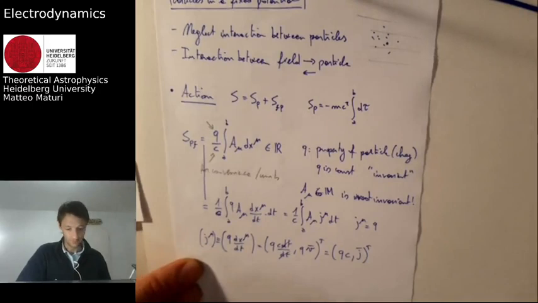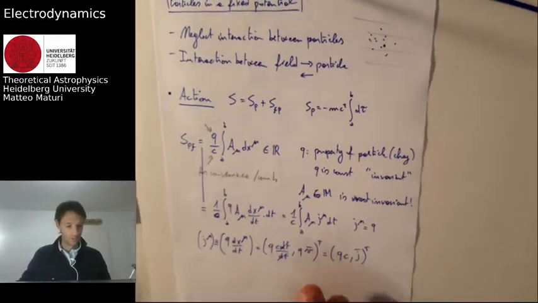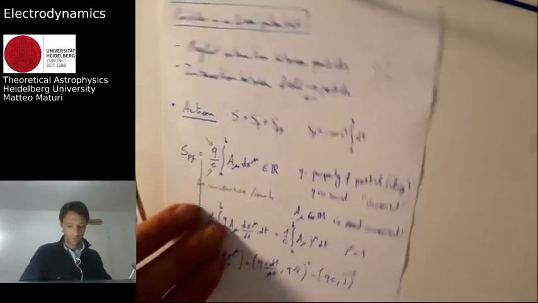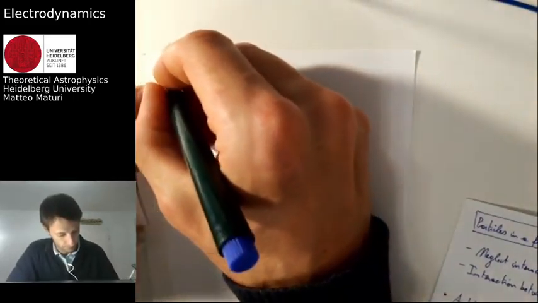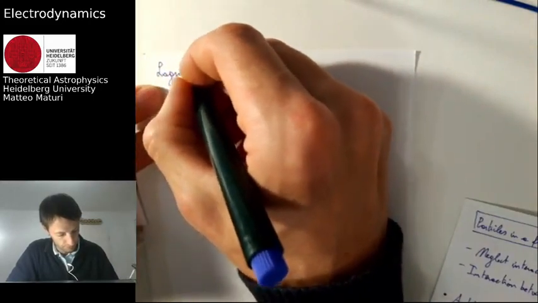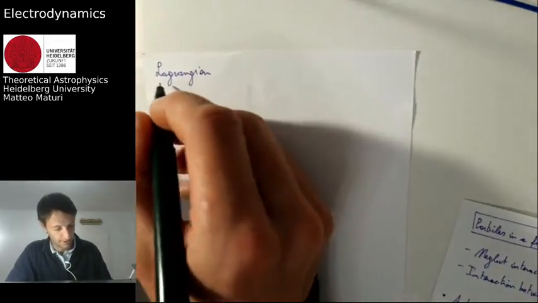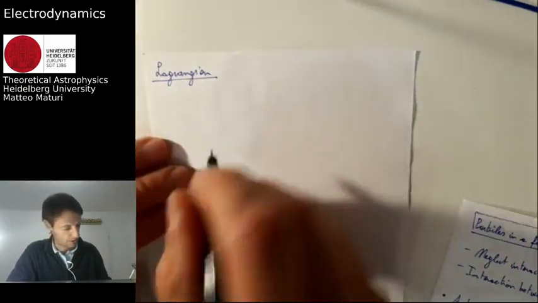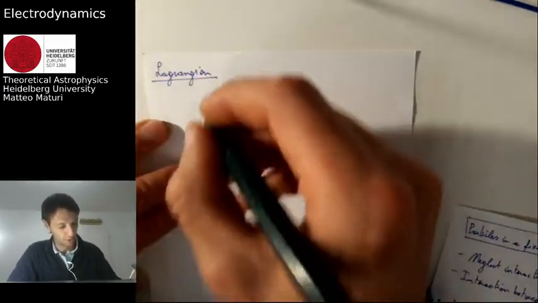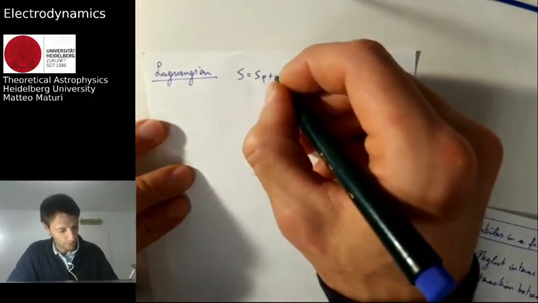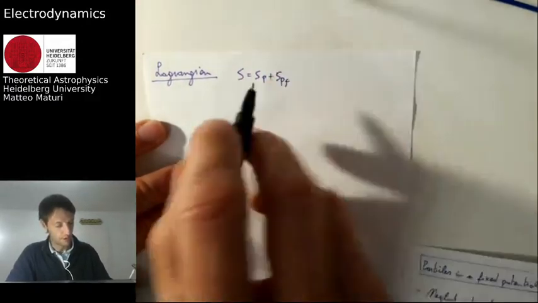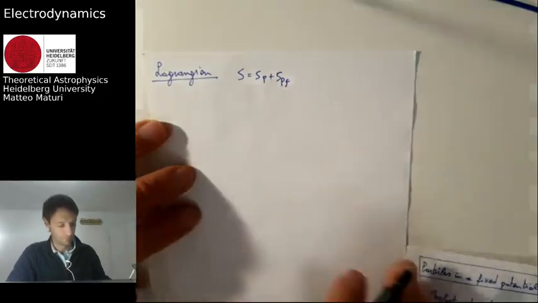Okay, good. Now that we have the action, we can go for the Lagrangian, which is hidden in the action, right? So now what we do is use the total Lagrangian, and therefore we are using the total action. Now we know the two of them.